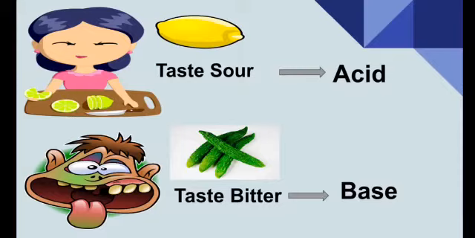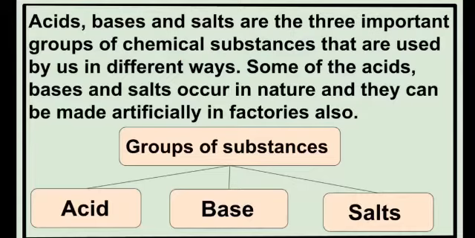In the 17th century, a chemist, Robert Boyle, first labeled the substances as acids and bases. So let us discuss more about the different substances and their names, right?